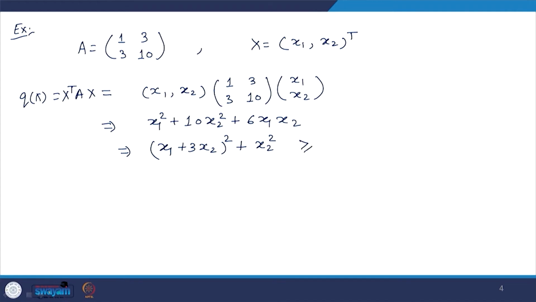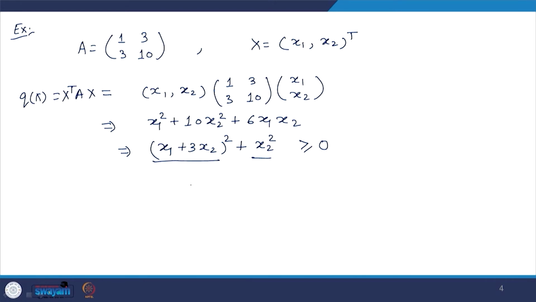And this is non-negative, because it is a sum of squares. These square values can be at minimum 0, and the sum will have the minimum value 0. So obviously it is greater than or equal to 0.